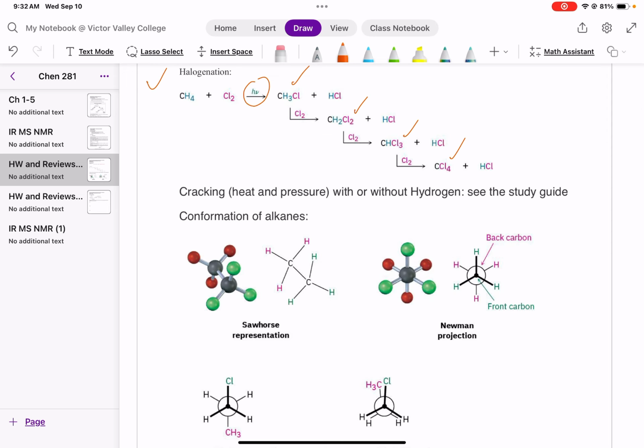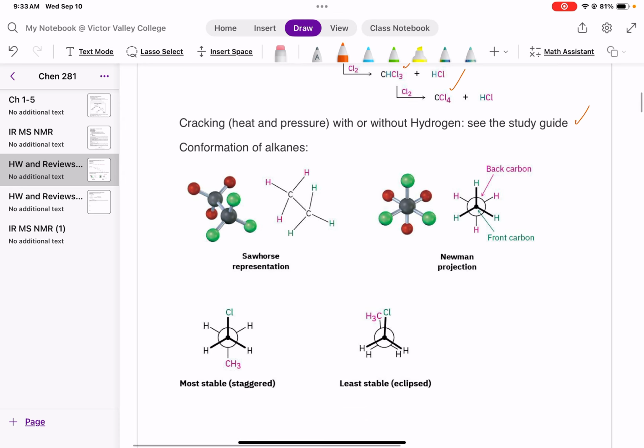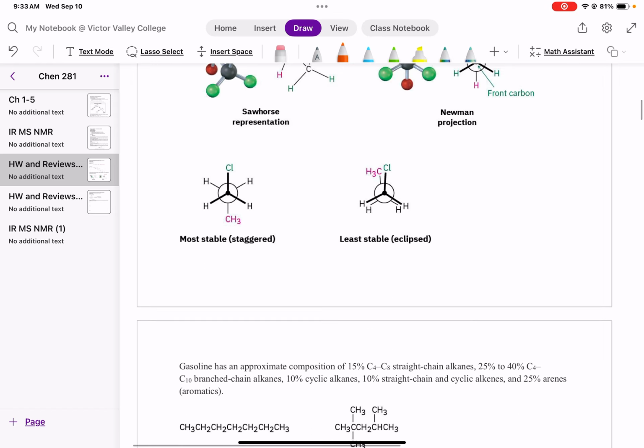Now, cracking. Cracking is breaking up big molecules of alkane into two or more smaller molecules. Okay. Now, conformation, as you remember, we have the front carbon and the back carbon as a circle. So you see this stuff again, right?